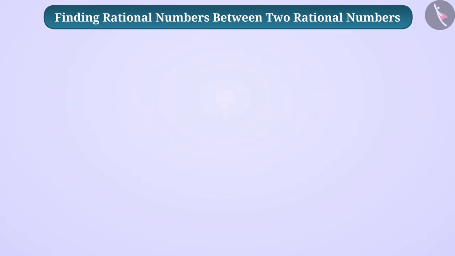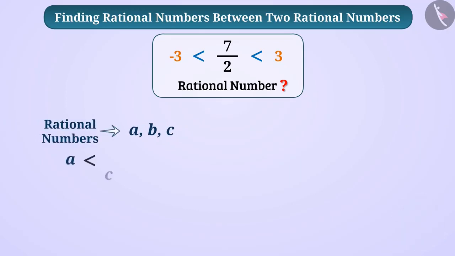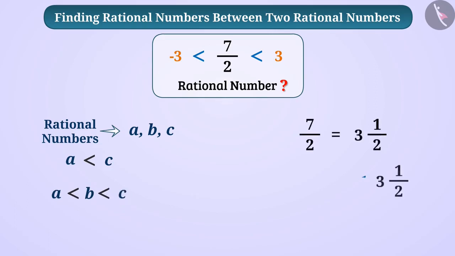Just think, can we call the rational number 7 by 2 as the rational number between -3 and 3? Think. Let me tell you, if A, B, C are three rational numbers where A is less than C, then B will be called the rational number between these two only when B is greater than A but smaller than C. Here 7 by 2 is equal to 3 and 1 by 2, which is larger than both -3 and 3.